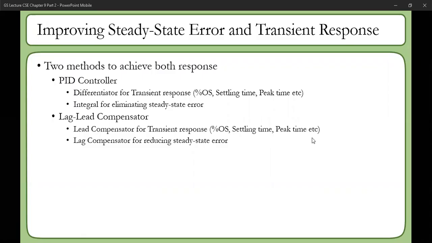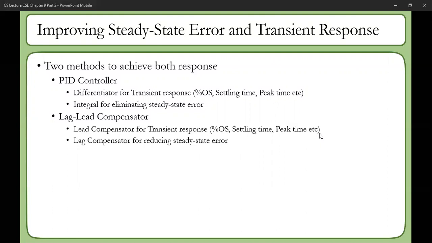Now we are interested in integrating both of them together. If you integrate both, using ideal compensators, it is called a PID controller. The differentiator is for transient behavior, and the ideal integral, or pole at the origin, will try to eliminate your steady state error.